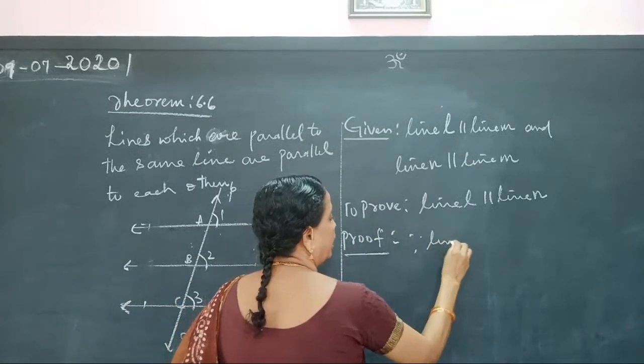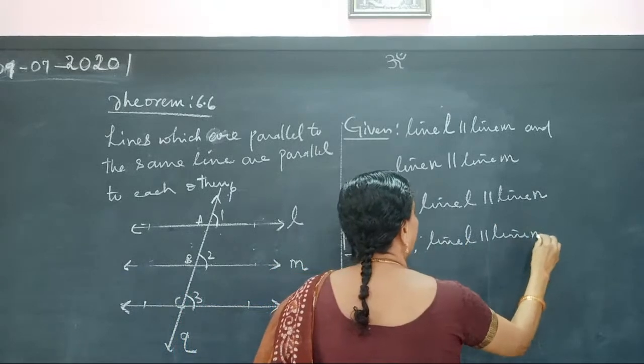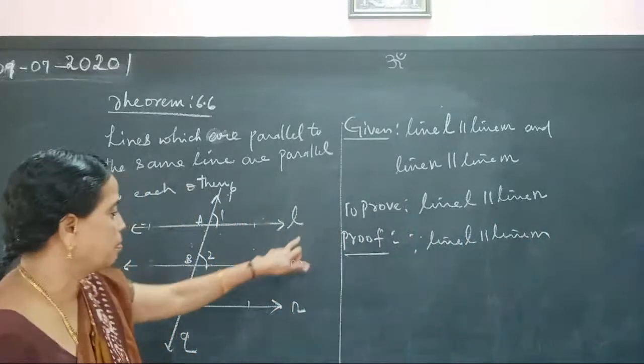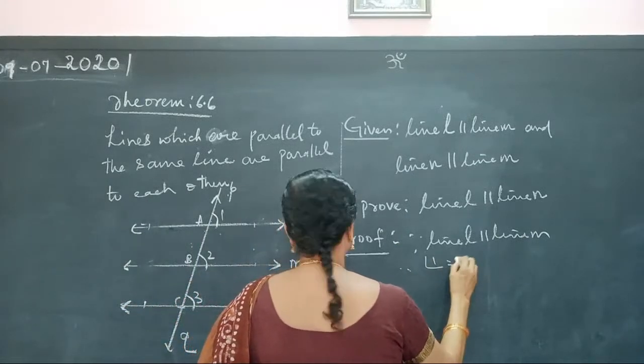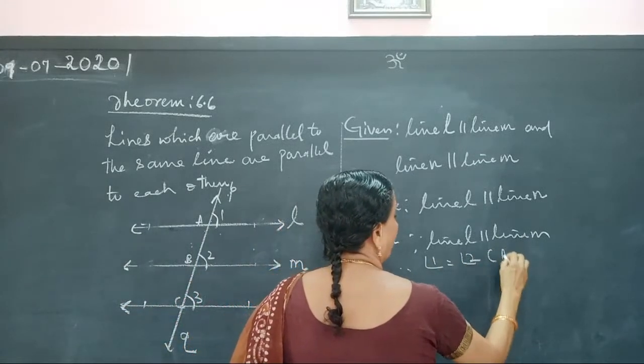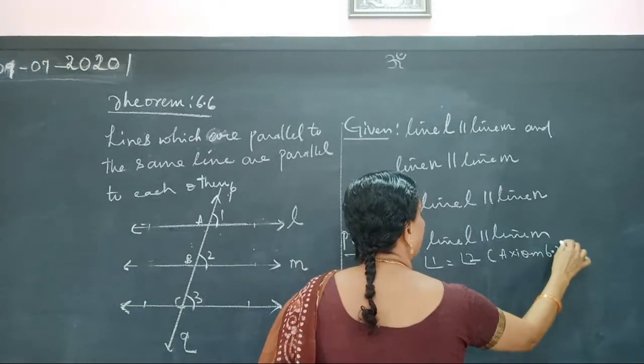Since line L is parallel to line M, therefore angle 1 equals angle 2, axiom 6.3.